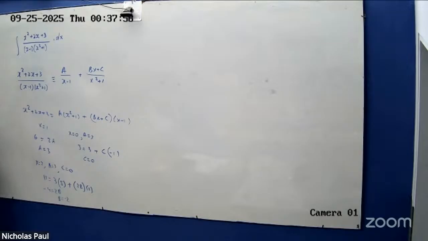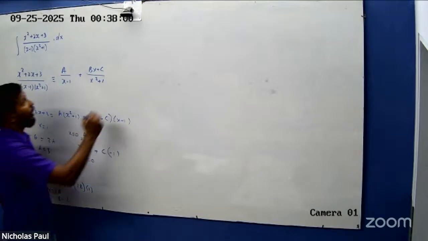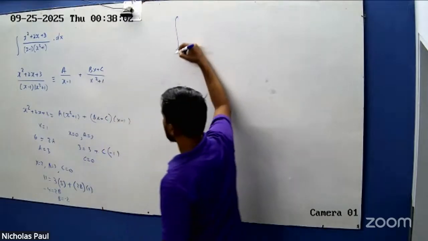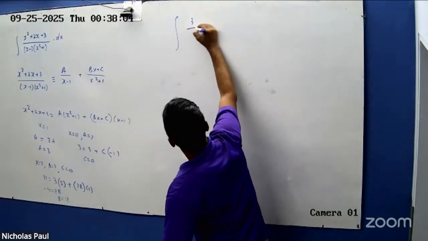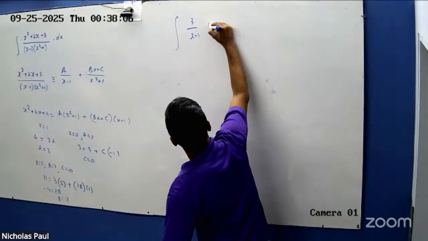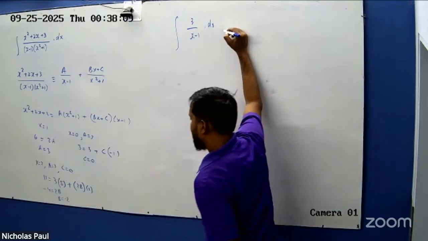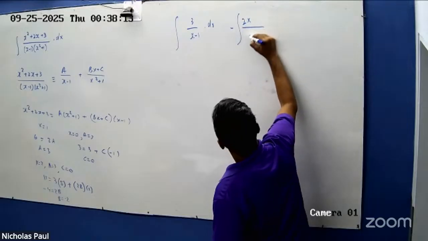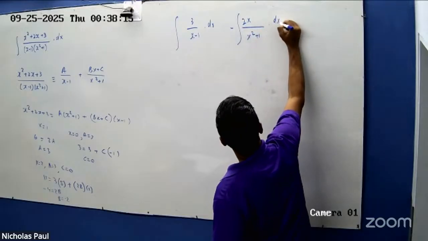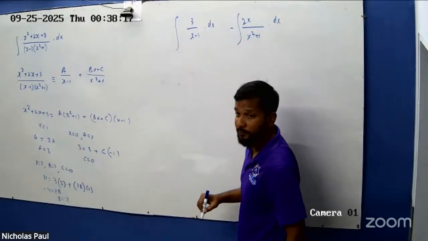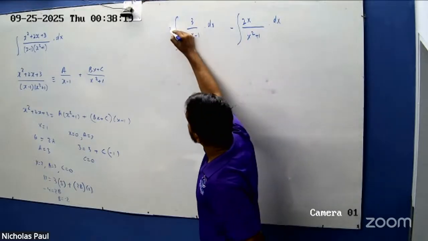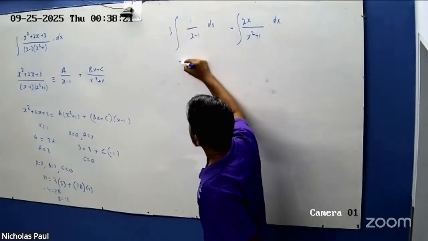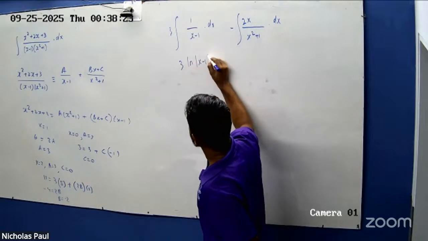That's okay? Now we're going to integrate. We're going to integrate A, which is 3 over x minus 1, and B is minus 2, so it's minus 2x over x squared plus 1 dx. I can take the 3 and put the 3 on the outside, and I will get 3 ln x minus 1.